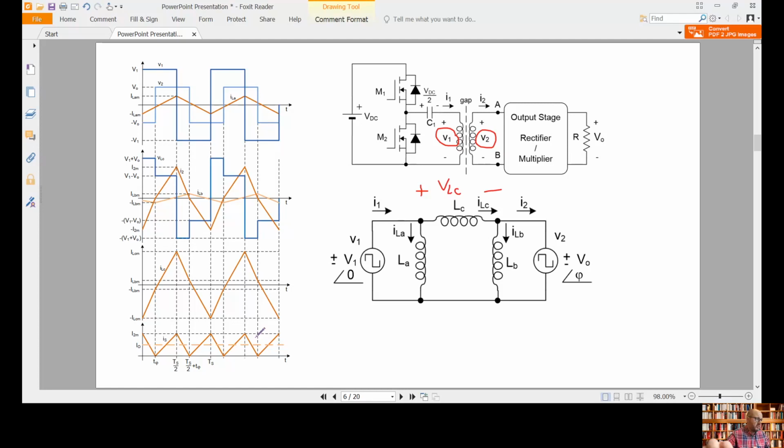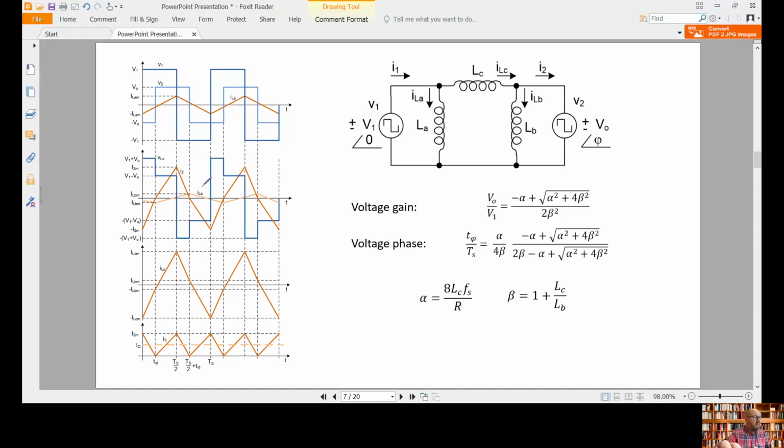So what we are going to have at the output here, I2 is going to be the rectified current of I2, and the average value of this current at the end is the current circulating through the load resistance, because the harmonics are going to be filtered by the output capacitor.